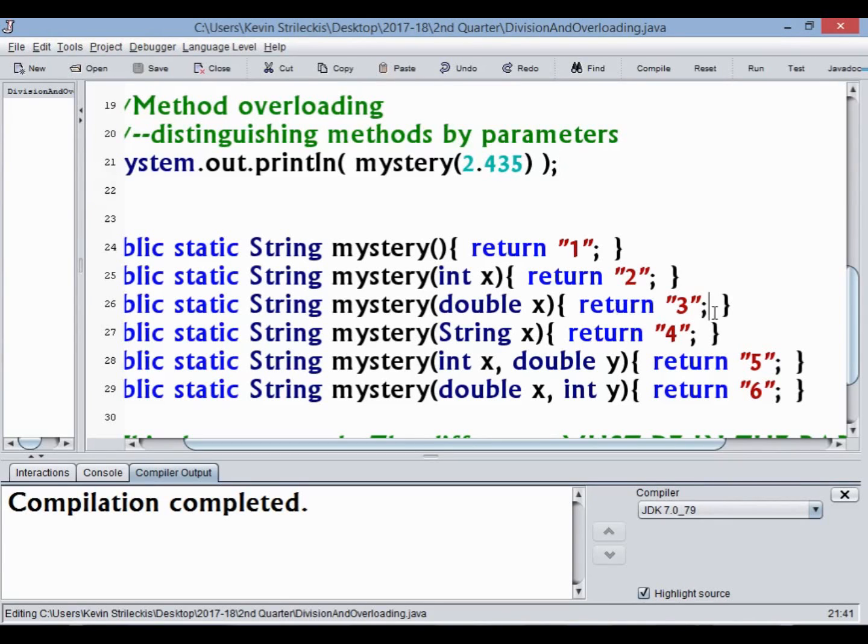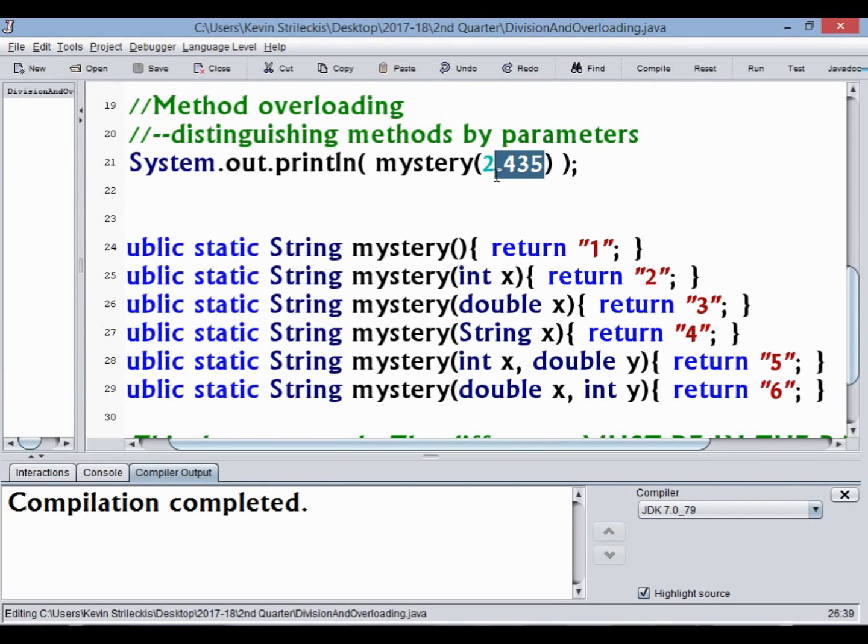It's going to print out what it returns. It returns a 3 because that's the one that has a double in it. Method overloading is where a method call is distinguished based on the parameters it's given. So if I give it an integer value, it prints out a 2, right? Just any integer value, same thing. If I give it nothing, it's going to be a 1.